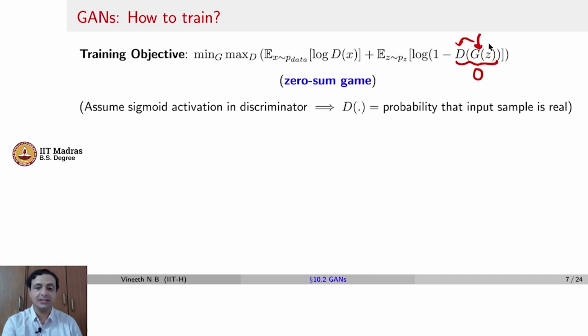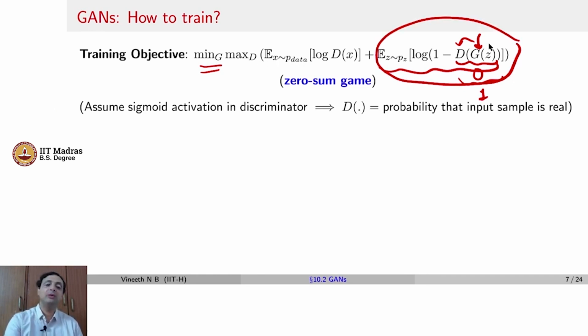At least the discriminator must aim to make this value 0, and that would happen when this entire quantity is maximized. But on the other hand, the generator's job is to ensure that this last quantity goes to 1, which would minimize this entire quantity, and that's why you minimize over G and maximize over D.